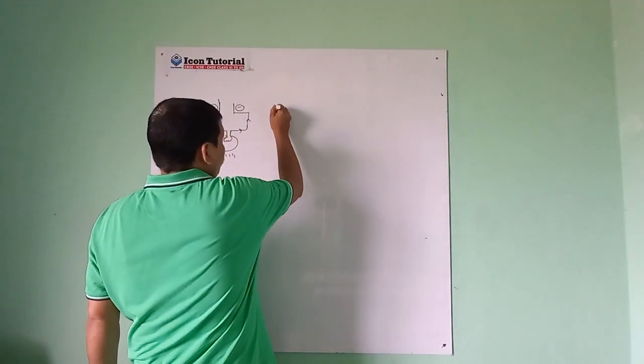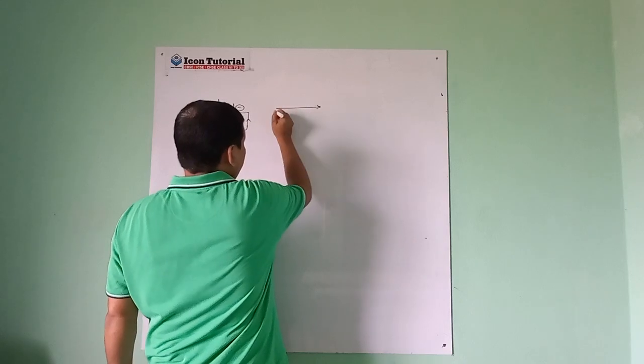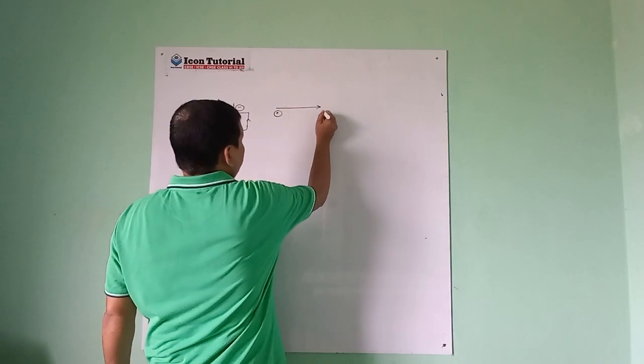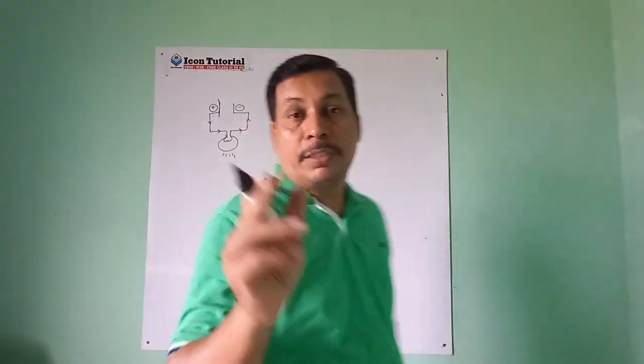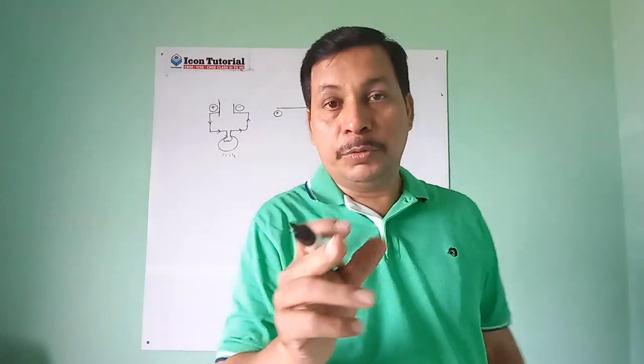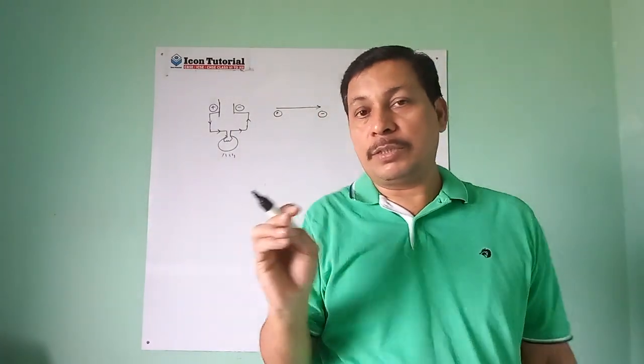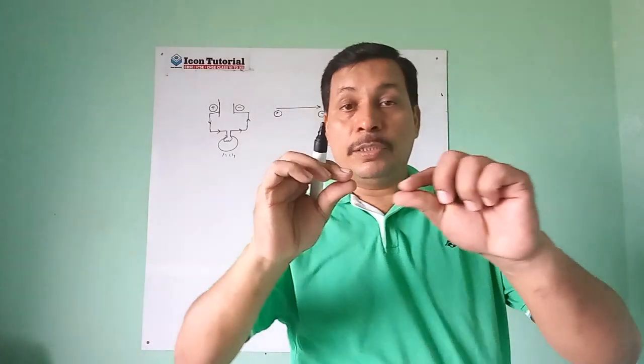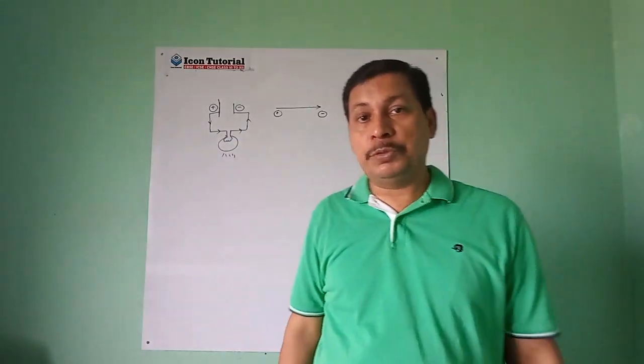When a current is flowing, this is plus, this is minus. If the board is not visible to you, I hope you can understand what I am telling, so please zoom your mobile.